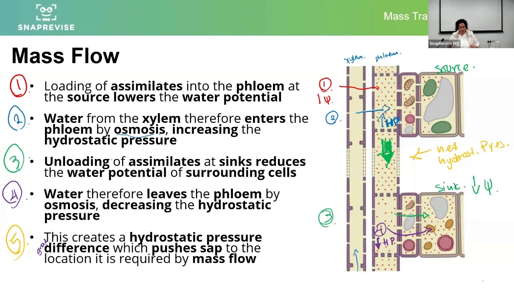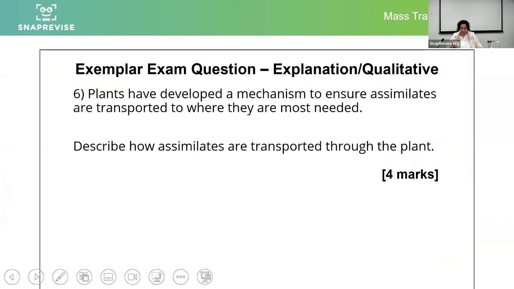And we are now going to move to an example question. Plants have developed a mechanism to ensure that assimilates are transported to where they are most needed. Describe how assimilates are transported through the plant. So 4 marks.